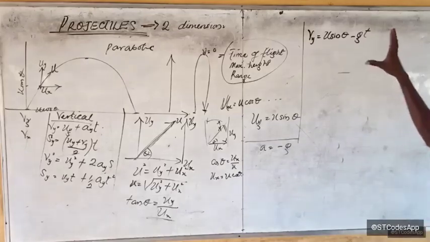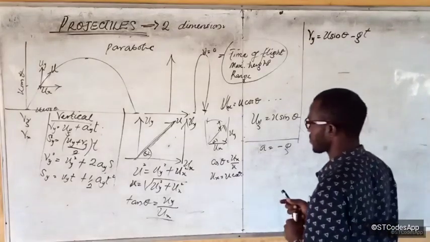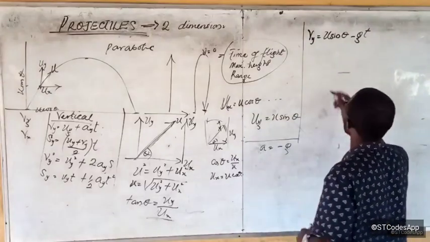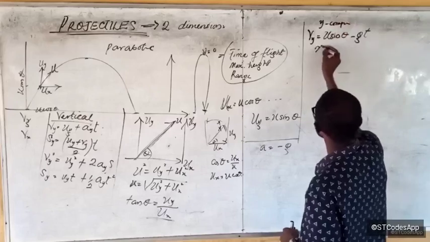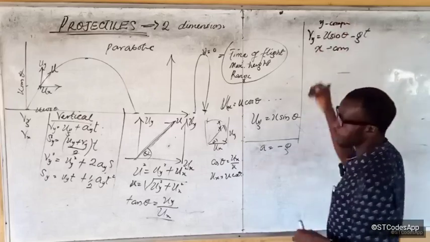Do we understand? Minus gt. This is our equation, and this is on the y component. So for the x component, this equation will become what?